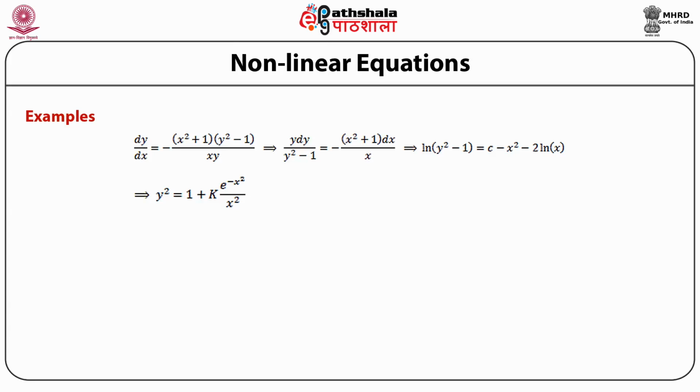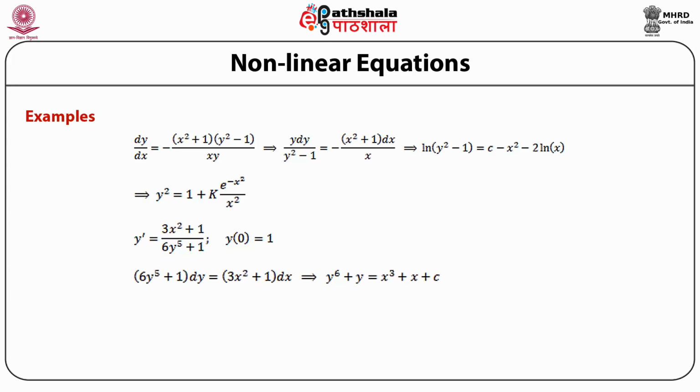Second example is y prime equal to 3x square plus 1 divided by 6y raised to power 5 plus 1. Now the boundary condition is given by at x equal to 0, y equal to 1. So the equation may be rearranged as 6 times y raised to power 5 plus 1 into dy equal to 3x square plus 1 dx.